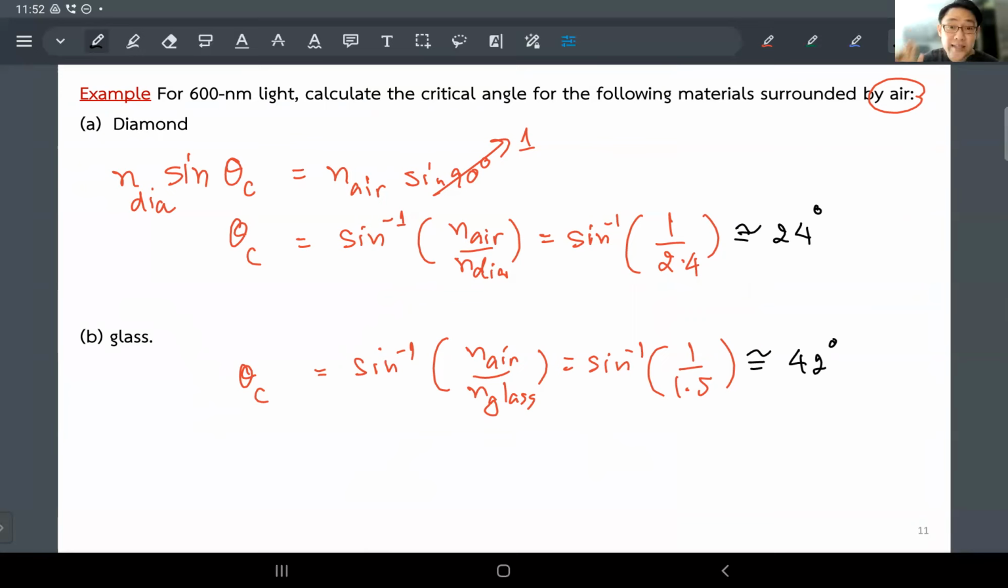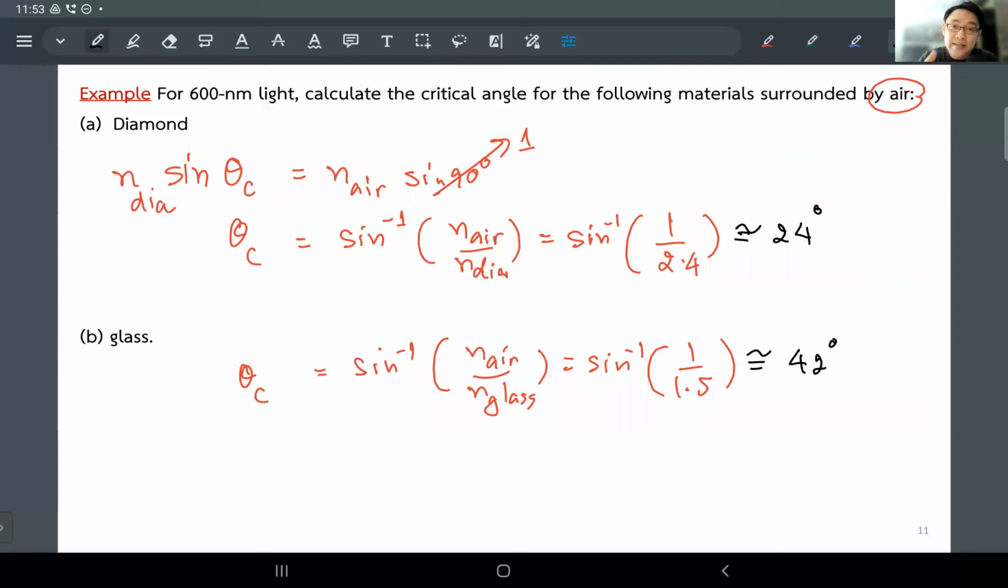This is the reason why diamond sparkles to your eyes. It's so easy for light, once it gets into the diamond, to be reflected back to you, because it takes only 24 degrees for it to reflect. But for glass, it has to go all the way out to 42 degrees and beyond to get reflection. So that's why it's easier to get reflection back to your eyes from diamond.